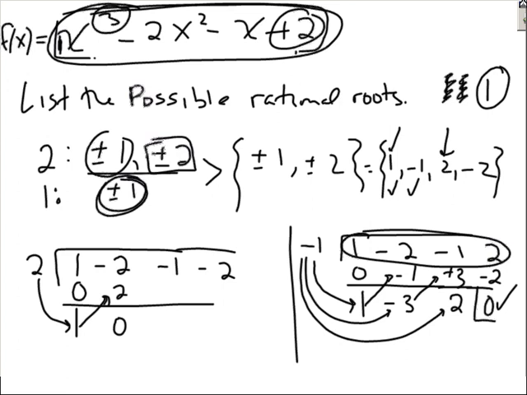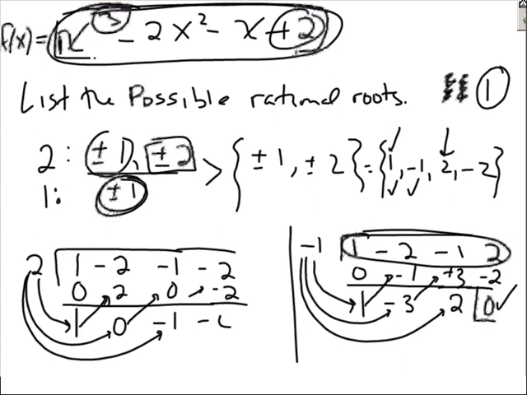You add, you get 0. 2 times 0 is 0. You add, you get negative 1. 2 times negative 1 is negative 2. You add, you don't get 0. That is, 2 is not a rational 0 or a rational root.